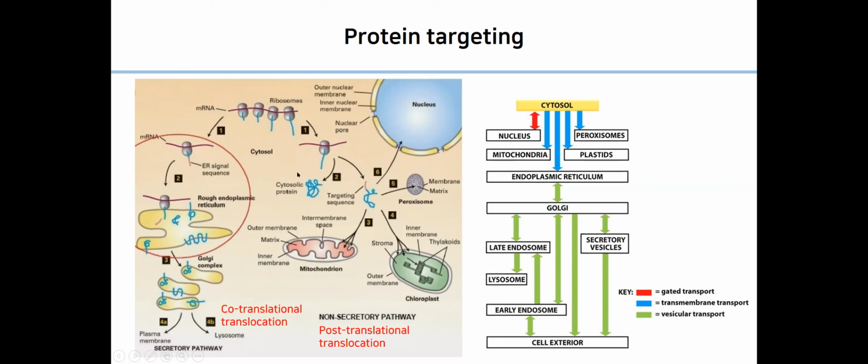The other two are cytosol and mitochondria. These are categorized as the non-secretory pathway or post-translational translocation, because translocation happens after translation is done.